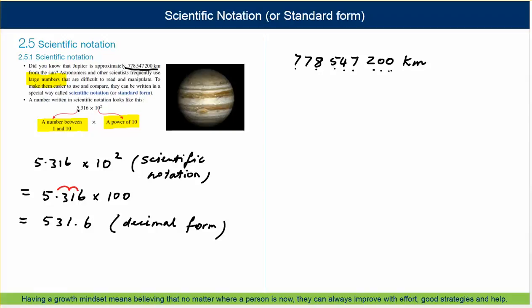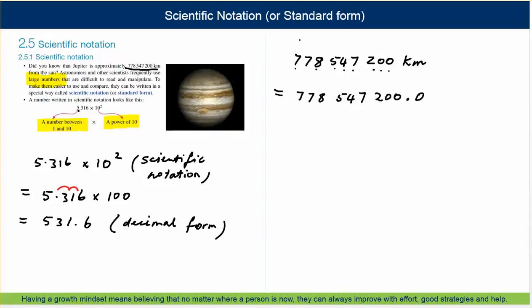To write this in scientific notation, we need to move the decimal place. So let's write the number out again. This number didn't have a decimal place, so I'll put one in.